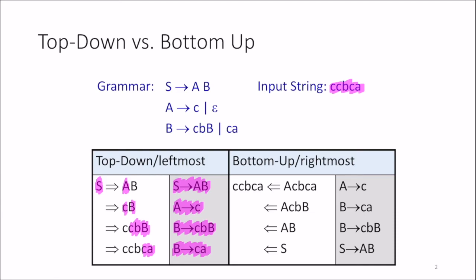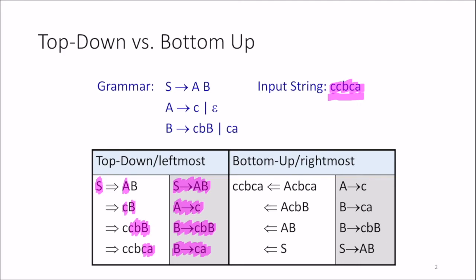So you can see that the non-terminal B in the last step gets replaced with CA, and that's exactly the input string, right? So if you look at this input string here, it's exactly what is being derived. So we have shown that this grammar can generate this string, and in fact we've given a derivation for it. In this case, it's a top-down derivation.